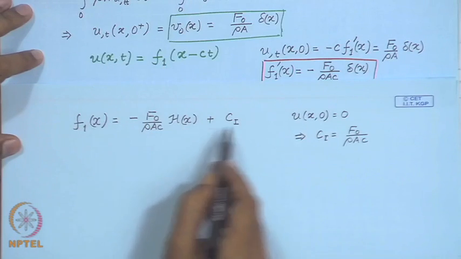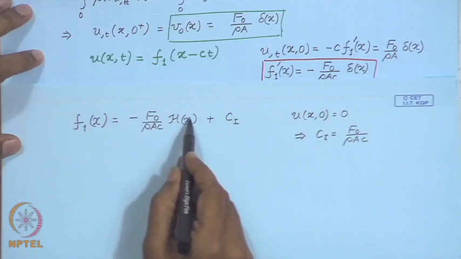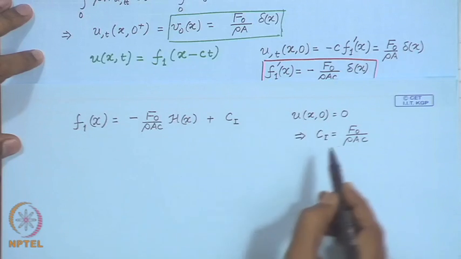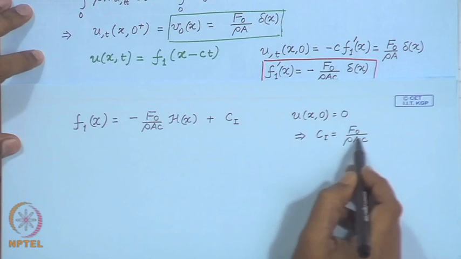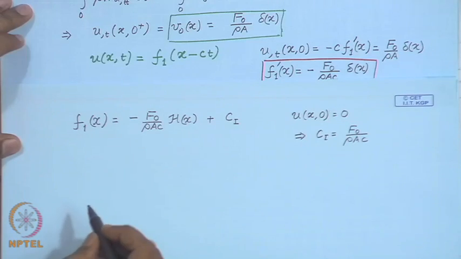You can easily see from here, because u(x,0) is nothing but f 1 of x, and that must be equal to 0. Now, the Heaviside function at 0 is 1. So, the integration constant C1 becomes F naught by rho A c.